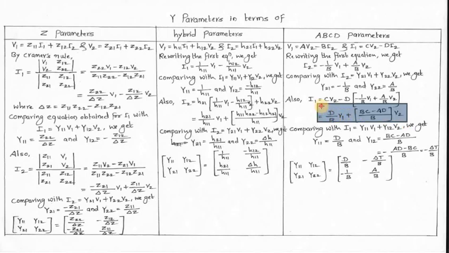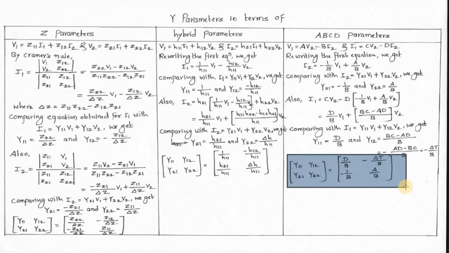So we again now know that this must be representing y11 and this must be representing y12. So look at this, y11 is D by B and y12 is (BC minus AD) upon B. So finally a matrix of all y parameters in terms of the ABCD parameters can be shown over here.